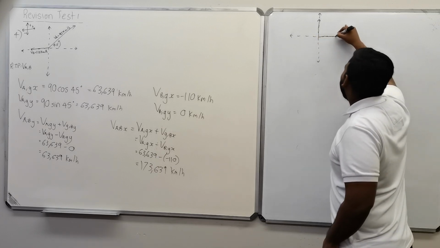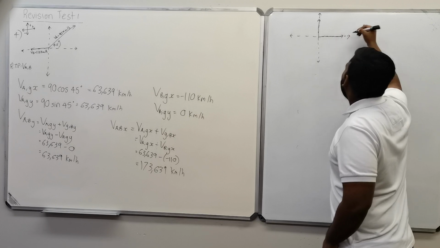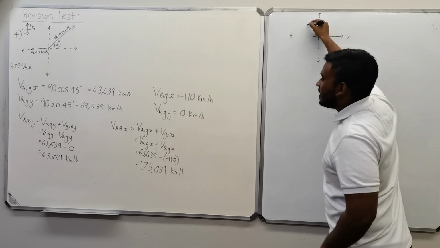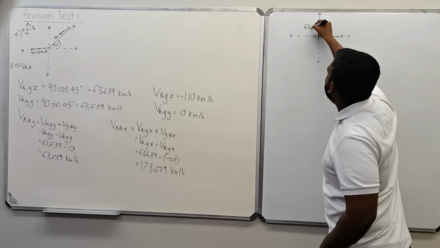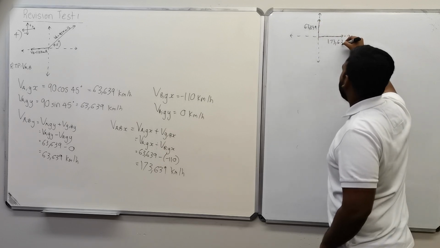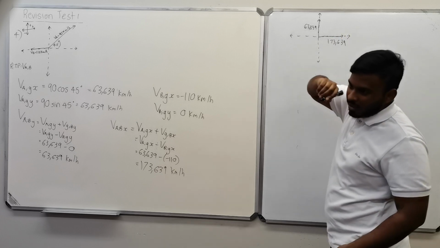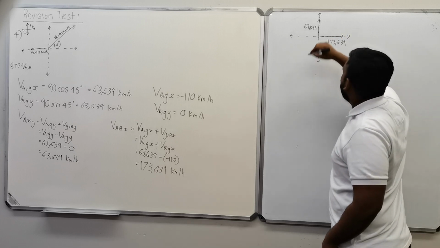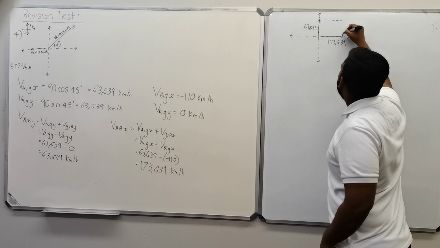So this is 63.639, 173.639. Then you're going to draw your resultant line and your triangle for Pythagoras.